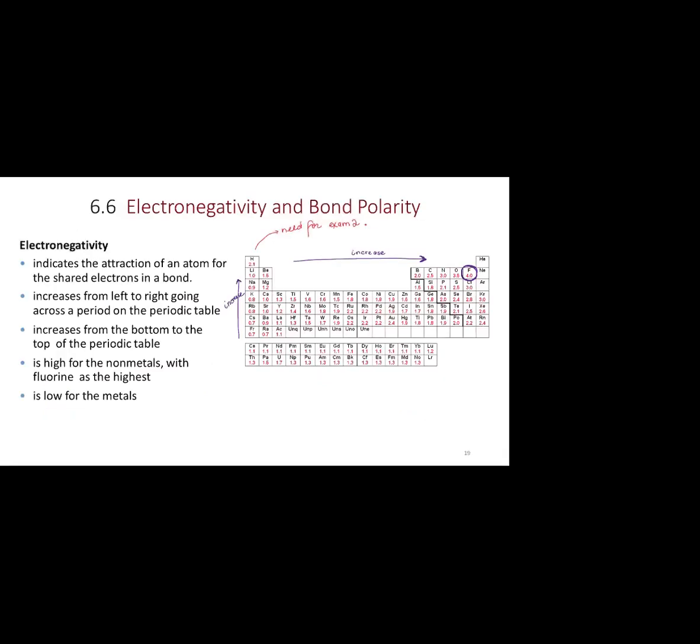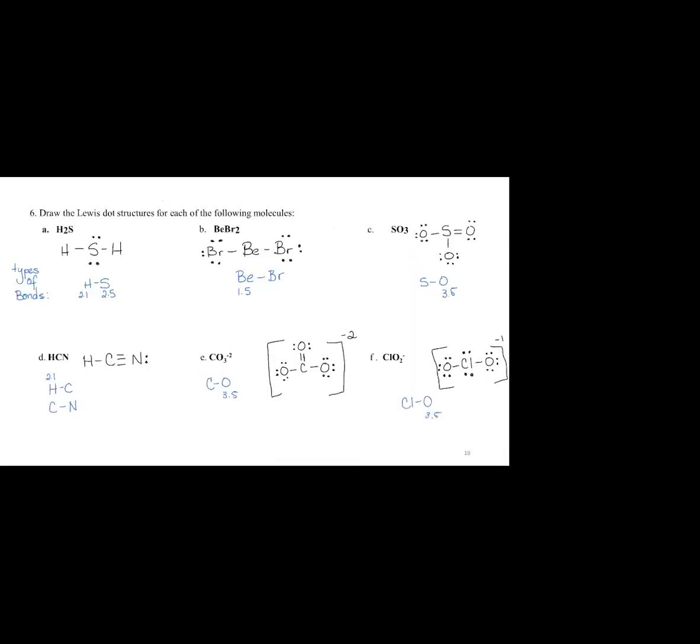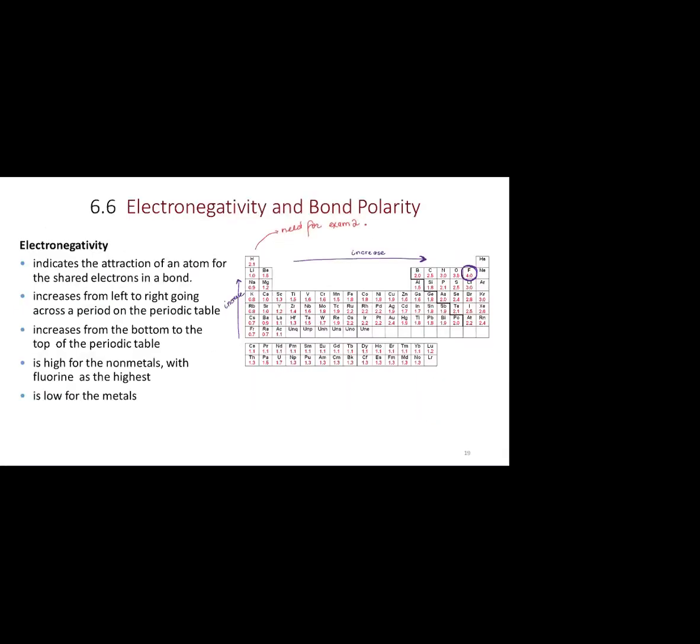Bromine 2.8 and 1.5. Great. Sulfur is 2.5. Carbon is 2.0. Oh no, this is 2.5, not 2.0. 2.5, 2.5. Nitrogen and chlorine are the only things missing. 3.0 and 3.0.